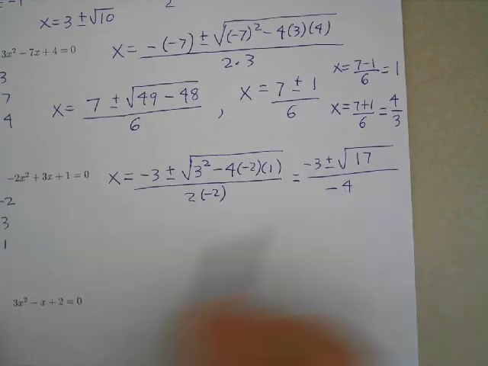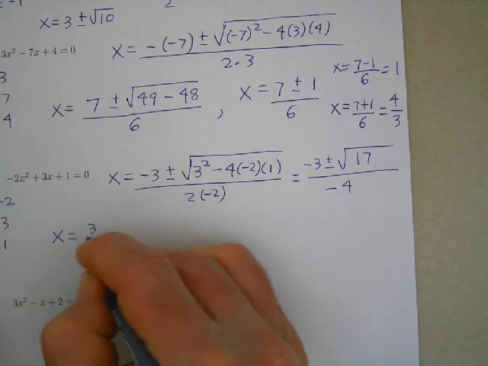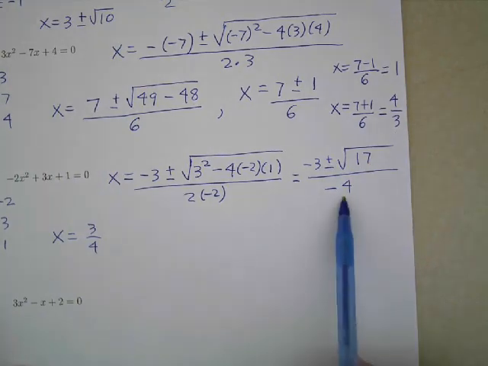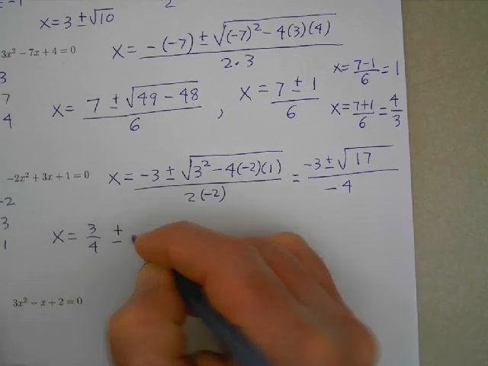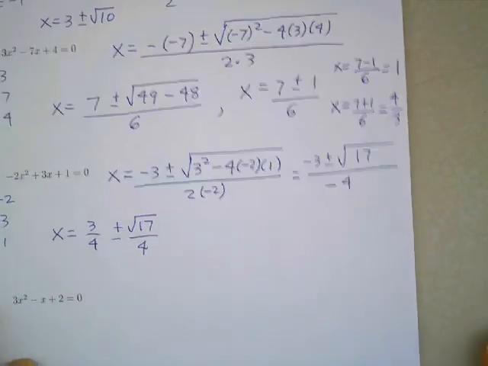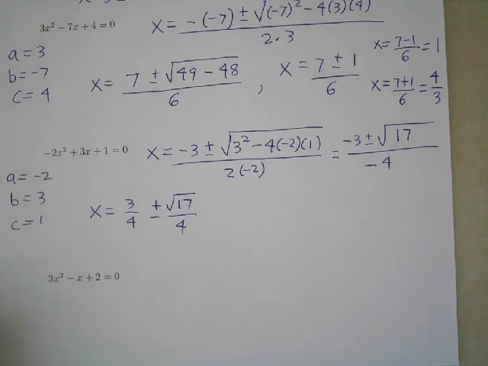Negative 3 divided by negative 4 is positive 3/4. And then plus and minus the square root of 17 divided by negative 4 is the same as minus plus. So we can just write plus and minus the square root of 17 over 4. And those are the two solutions. We'll do the rest of the examples in the next video.